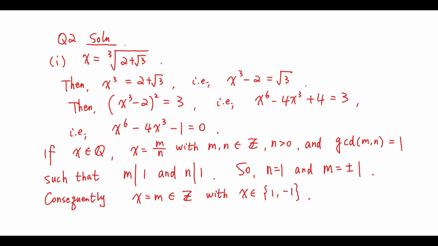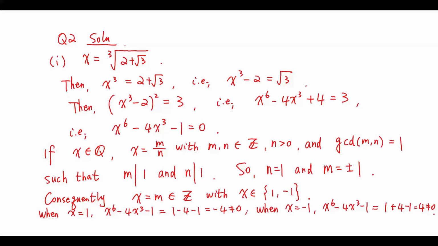Consequently, x is an integer such that x equals 1 or x equals minus 1. But we see for x equals 1, this polynomial is not 0. And for x equals minus 1, this polynomial is also not 0. This shows x is not a rational number.